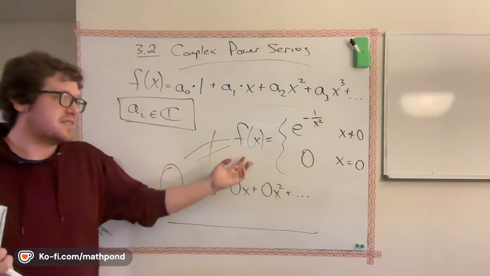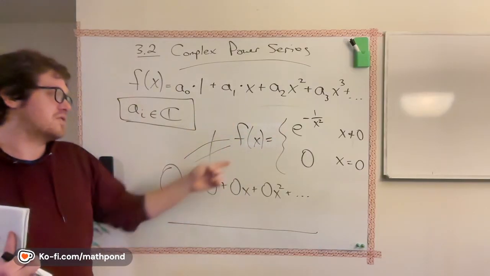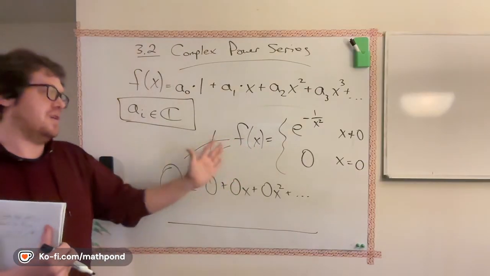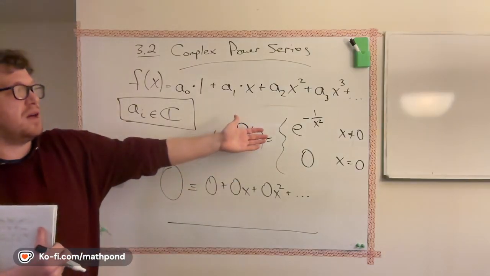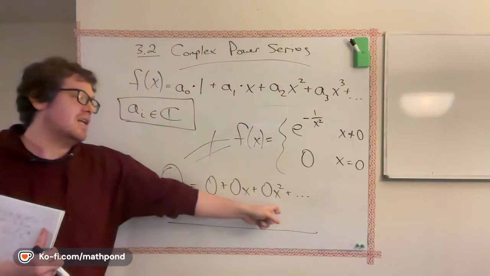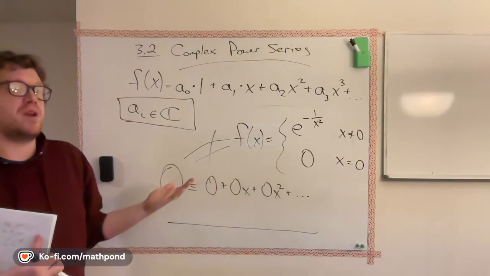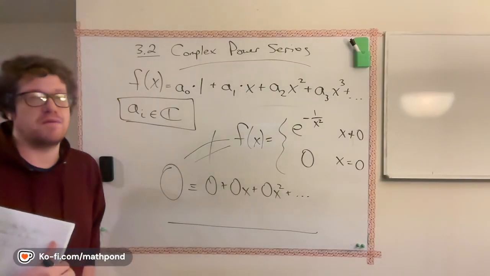It's sort of like we're missing part of the story here. And because we're missing part of the story, it can disobey this nice thing, which in the complex case you don't get. So in the complex case, if you have a holomorphic function, you expand it with some Taylor series, it's always going to be equal on some open neighborhood. There's always some non-zero radius of convergence.